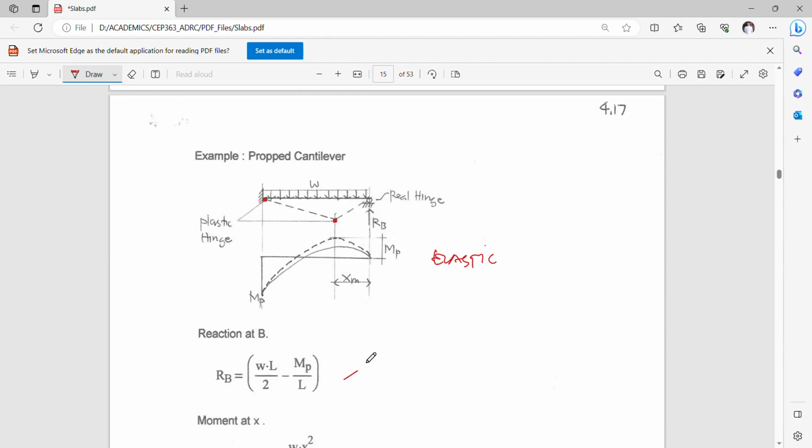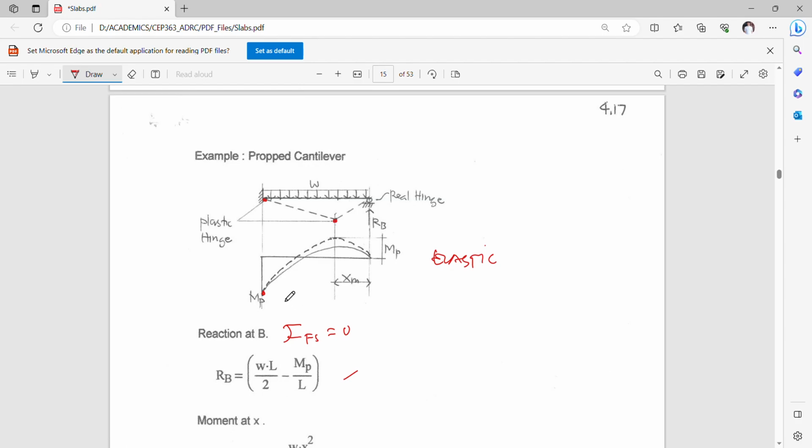Okay, so if we know this moment and we name it as your plastic moment here, elastically your RB here, by taking summation of moments at the fixed support equals 0. So if I take moments at the fixed support equals 0, then I can have this as my equation.